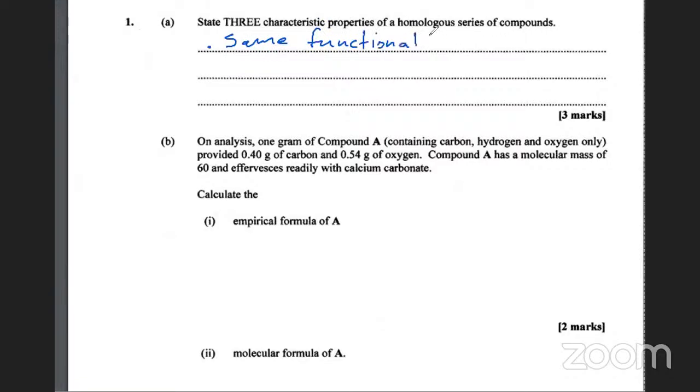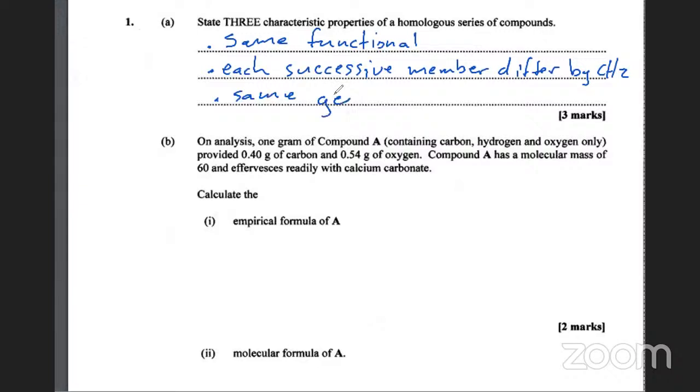Each successive member differs by a CH2 group. They have the same general formula. And they have similar chemical properties.